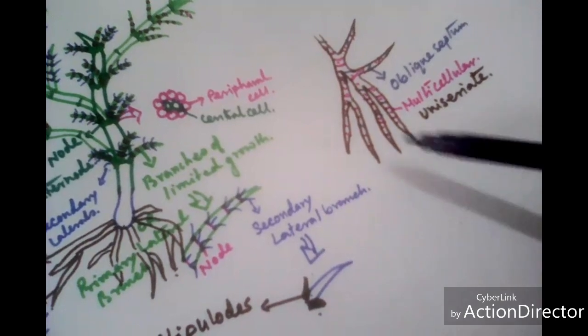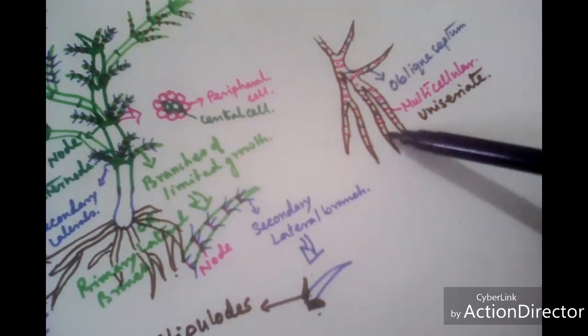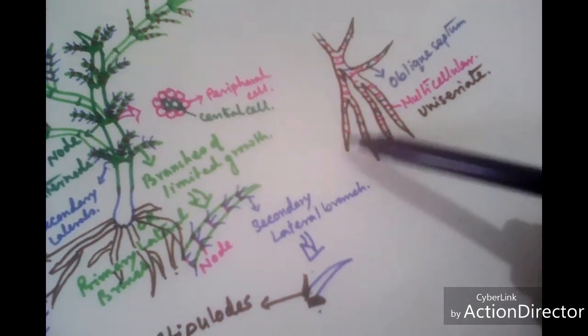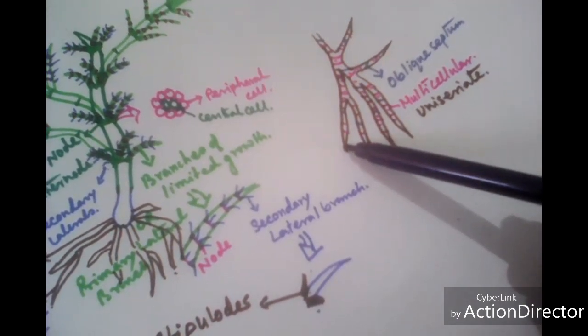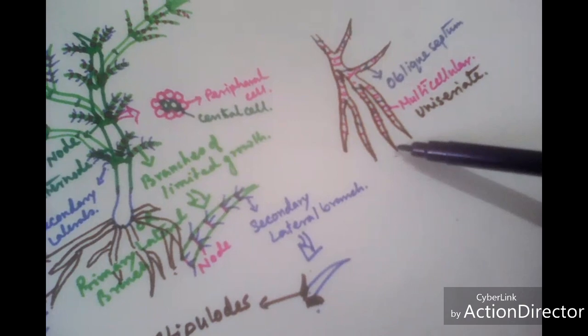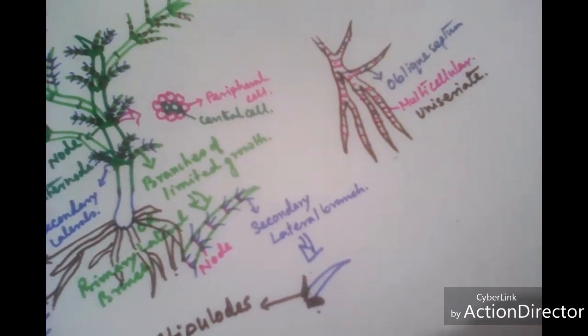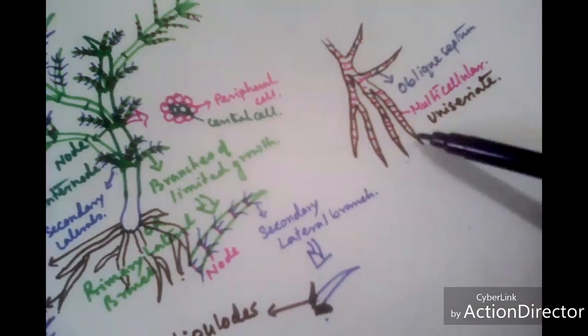Rhizoids increase in size by apical growth, so at this apical portion, meristematic cells are present.